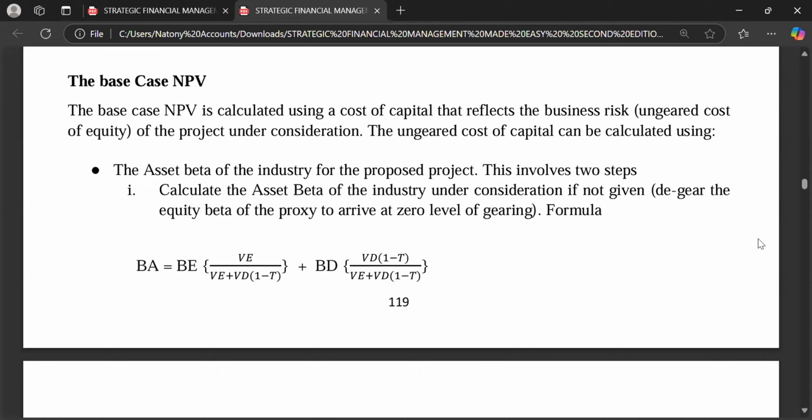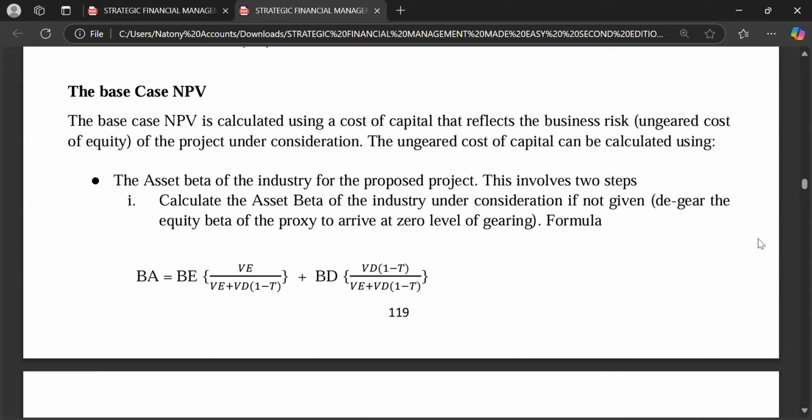So it's either you are degearing the beta of equity to arrive at the beta of assets, or you are degearing the cost of equity to arrive at the cost of equity ungeared. So now this is your beta of assets. How do you arrive at your beta of assets?